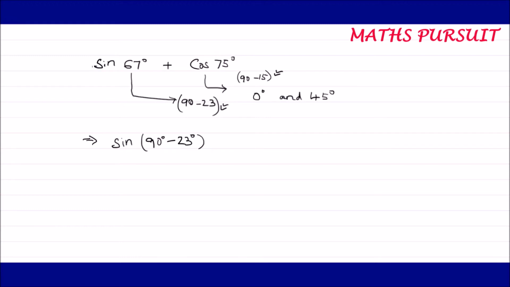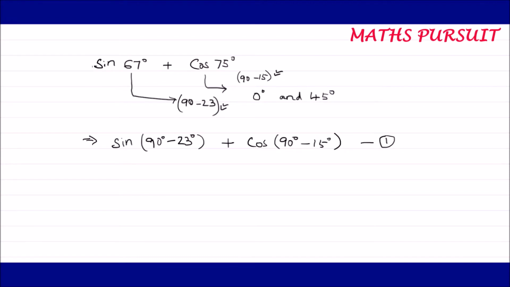So instead of sine 67 degree, I am writing sine 90 degree minus 23 degree plus cos 90 degree minus 15 degree. Instead of 75 degree, I have broken this into two things, 90 minus 15. Let us name this equation number 1.